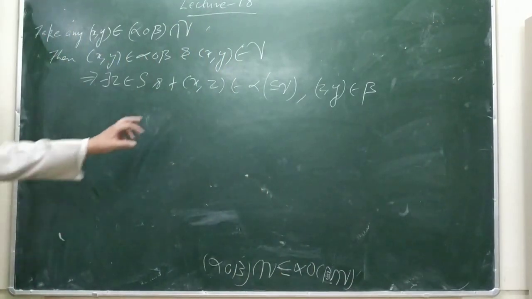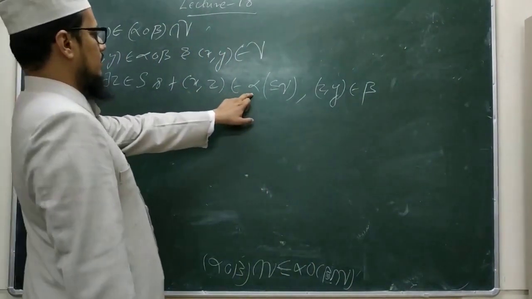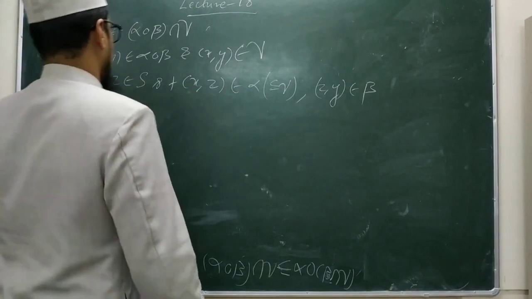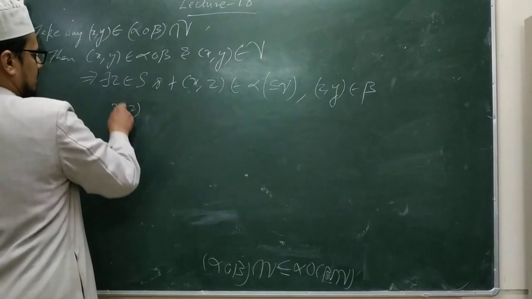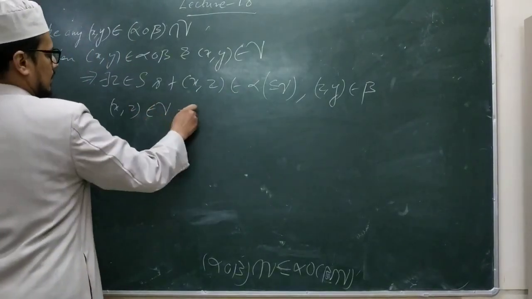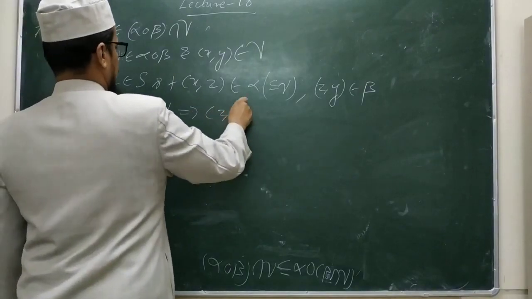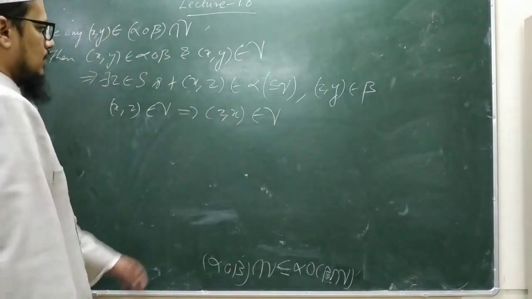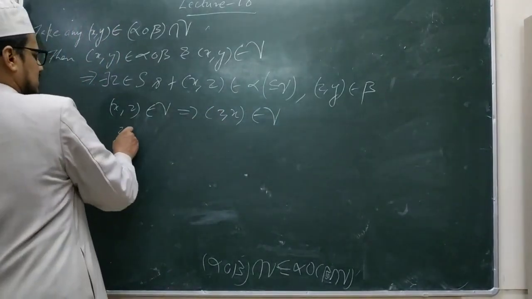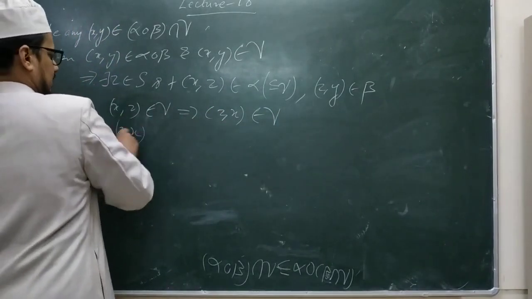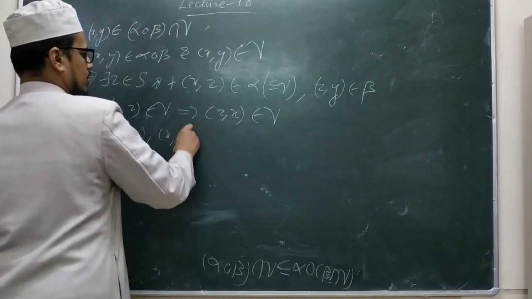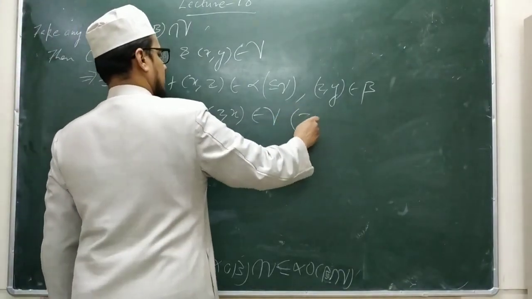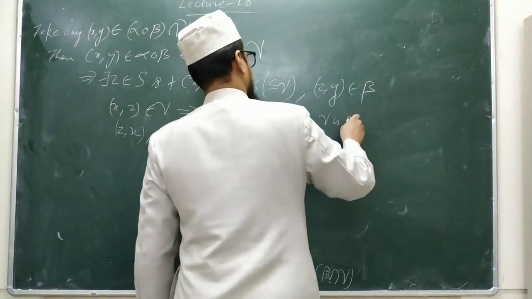So x comma z is in alpha. Now x comma z goes in gamma. Correct? So x comma z belonging to gamma implies z comma x belonging to gamma, and x comma y belonging to gamma. Here what is the logic? Since gamma is symmetric.